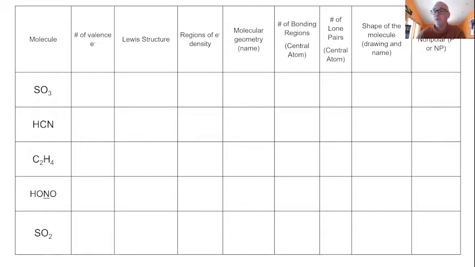So I underlined which one was the central atom. So the nitrogen is our central atom. And so it has an oxygen on this side, oxygen on that side, and a hydrogen attached to the oxygen. So what's this going to look like? How many bonds does nitrogen form generally?